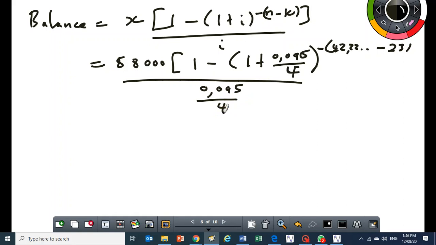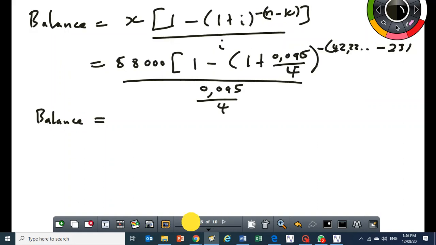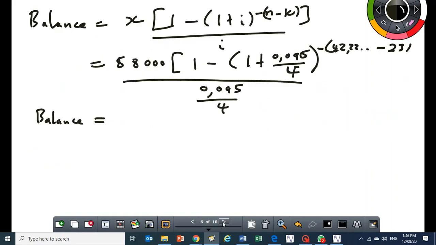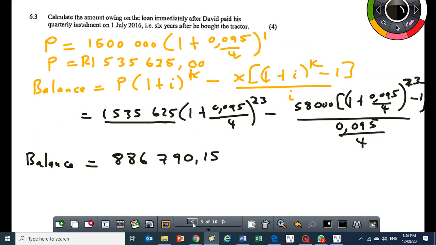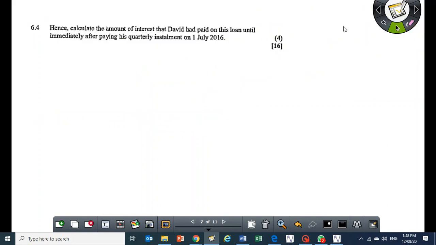So it means your balance will end up becoming the one we got here, which is 886,790.15. Okay? So, are we all clear now? This whole question from the Northwest.